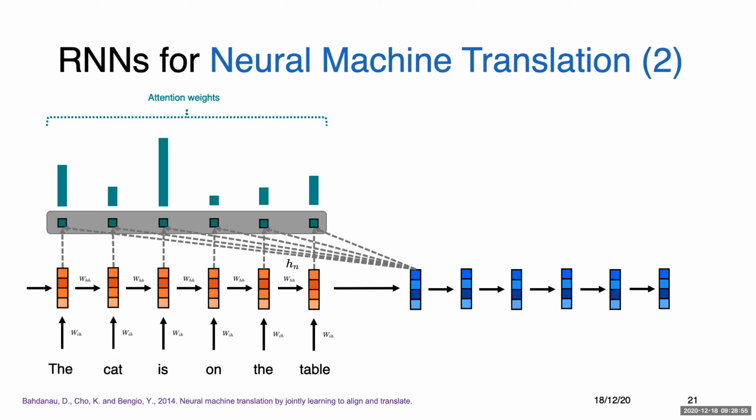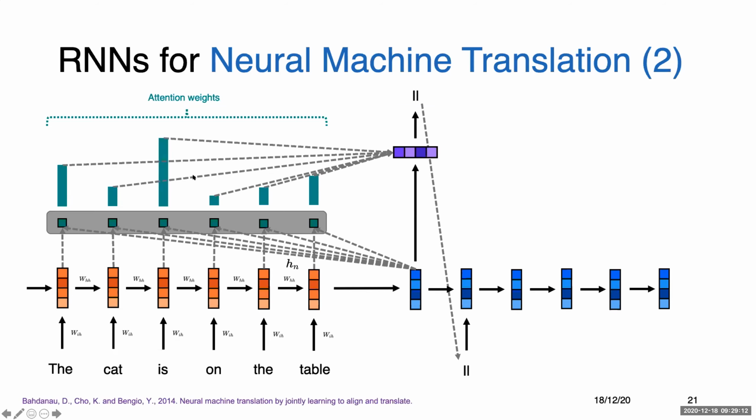This is very powerful because now we have a direct connection from the word "the" to the hidden state that we are trying to predict in the decoder.